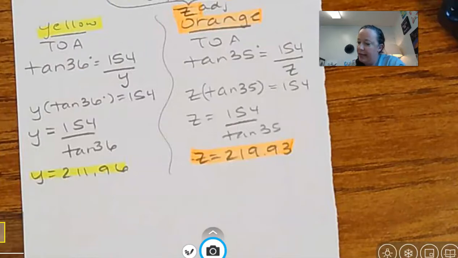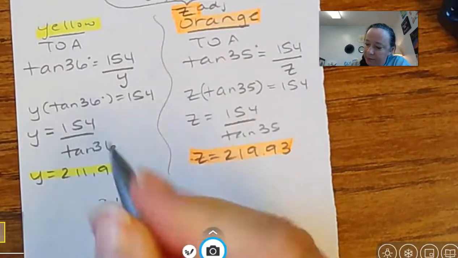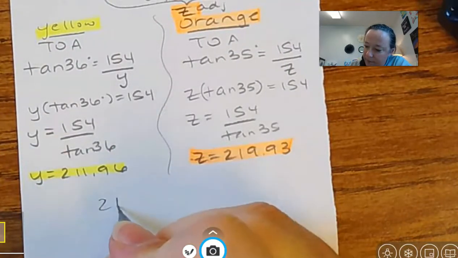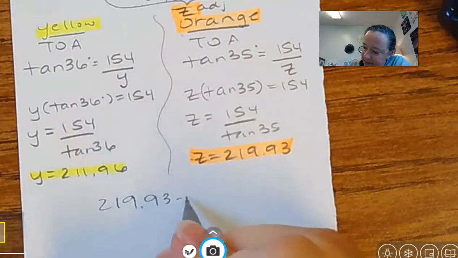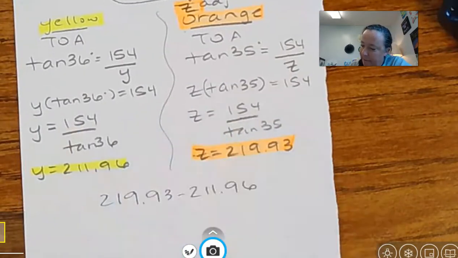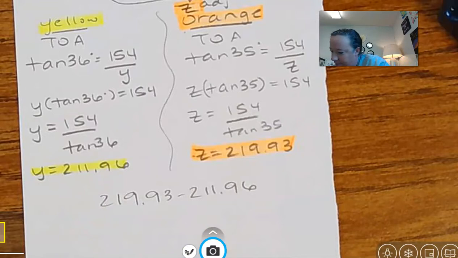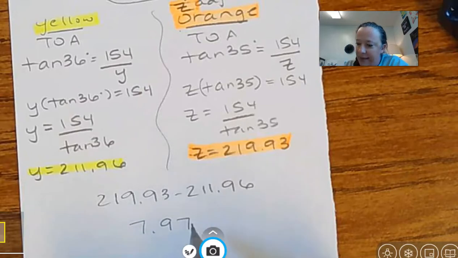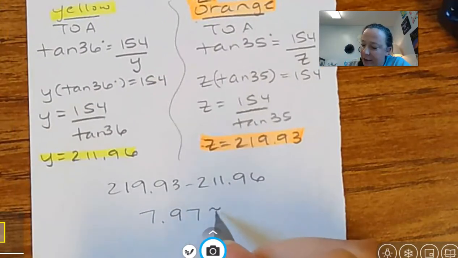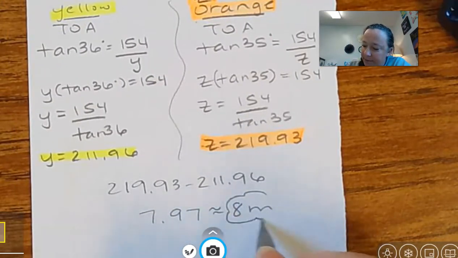We would simply subtract these two. And so the distance between the dolphins is about 7.9. I think this was in meters, so about 8 meters.